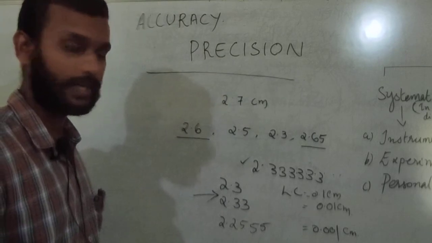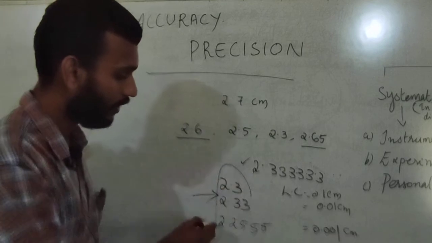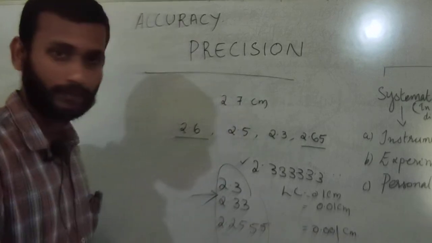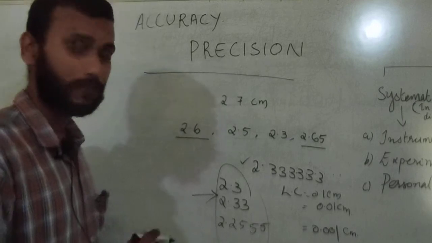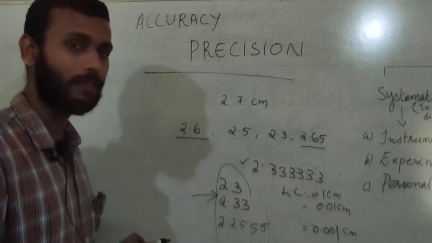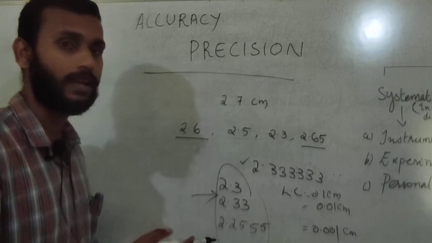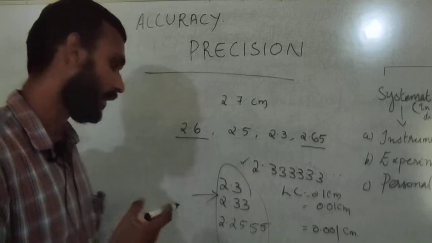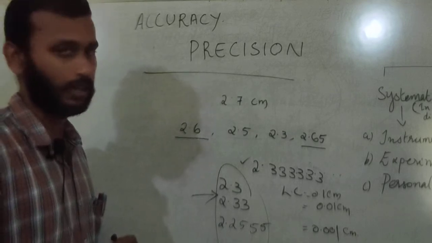So my question is: will it be the precise value from these three? Do you think so? No. For the preciseness we are just focusing on the decimal places, or the resolution of the reading.